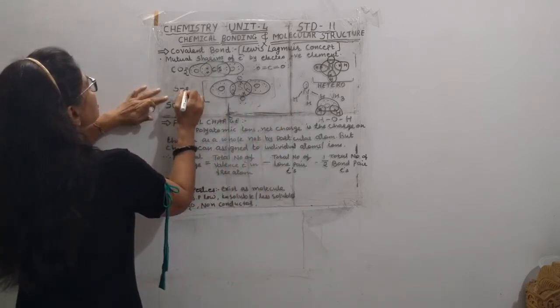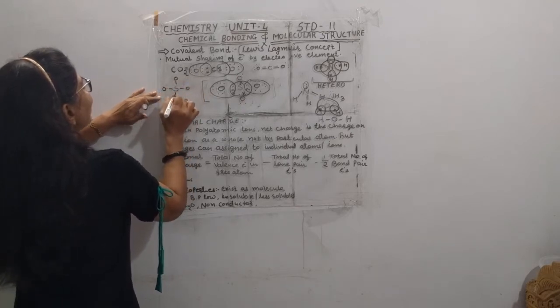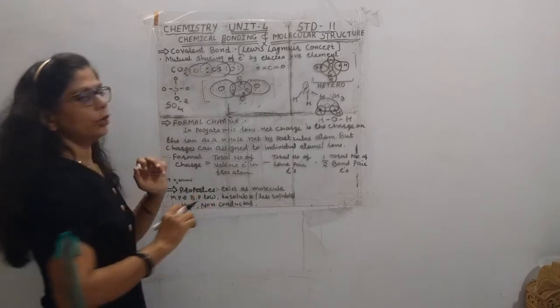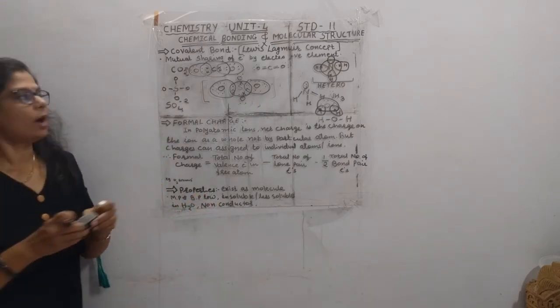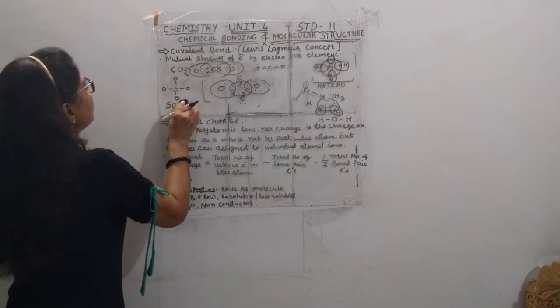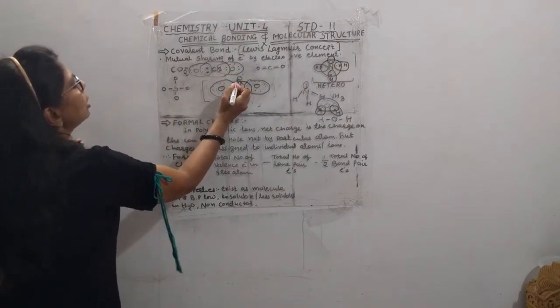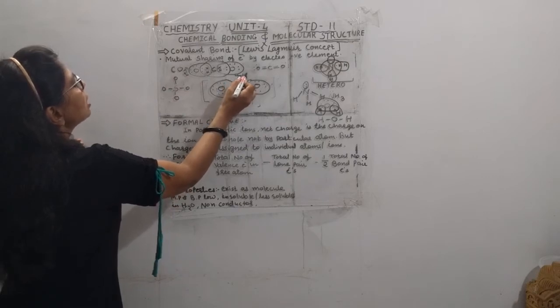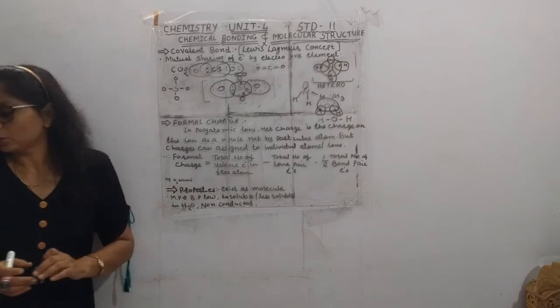S single bond O, single bond O, single bond O, and here also single bond O. Everywhere I have shown you the single bond. Now the unpaired electron remaining. For this oxygen, you can see this is the unpaired electron.